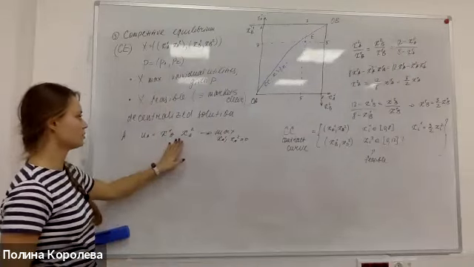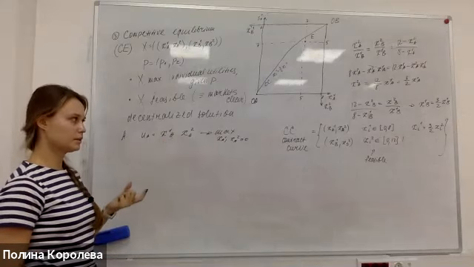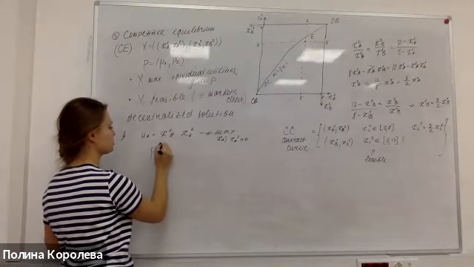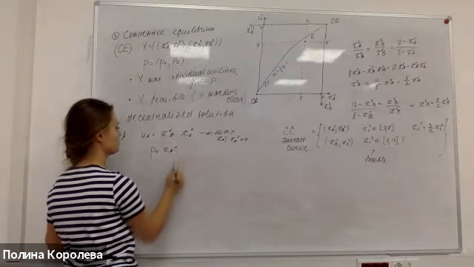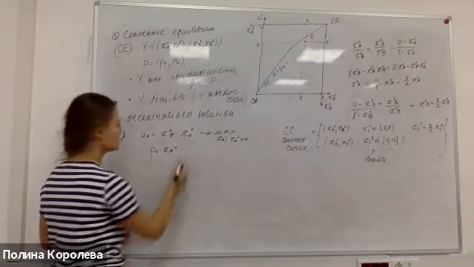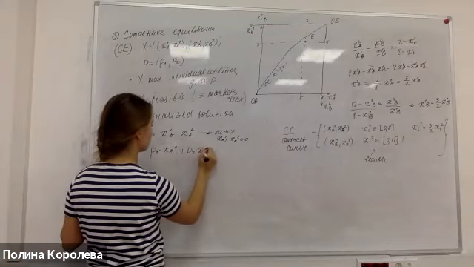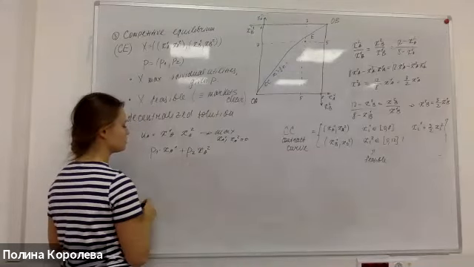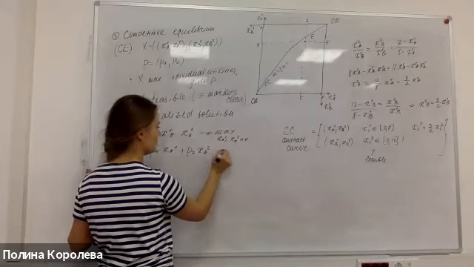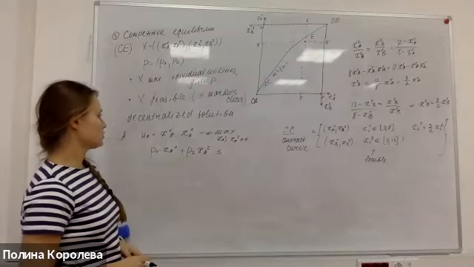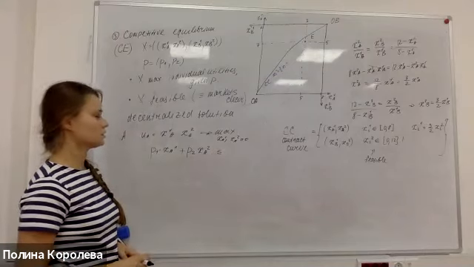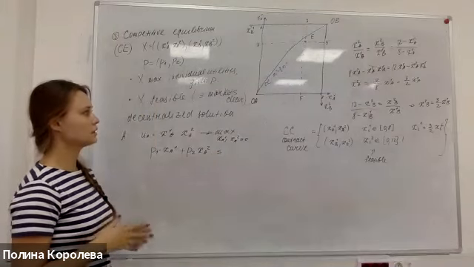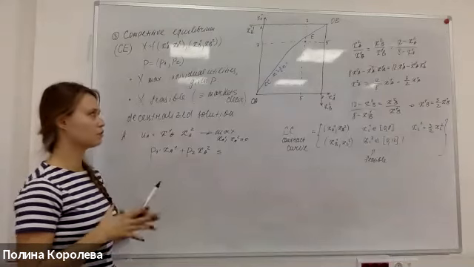What does the budget constraint mean for our individual? His expenses on buying these goods in money terms: the price of the first good multiplied by the quantity of the first good bought by individual A, plus the price of the second good multiplied by the quantity of the second good bought. These expenses should be not bigger than his income in money terms. Now we have his income in natural terms.